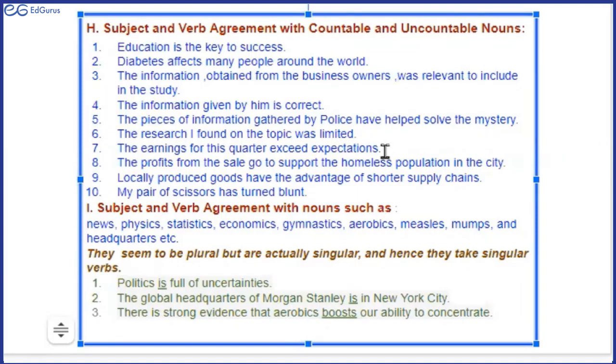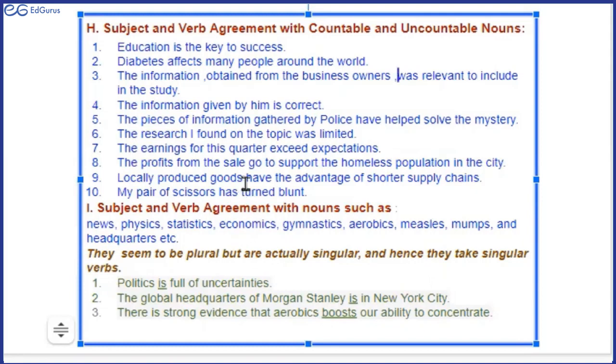What is the subject here? The earnings. Is earning countable or uncountable? Ma'am, earning means income. It is countable. Exceed expectations. So exceed is a plural verb.